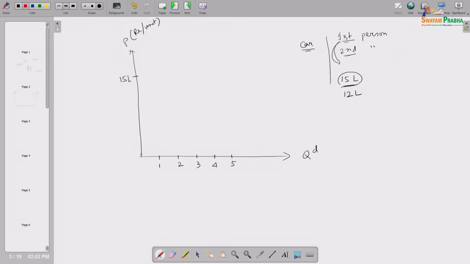So, definitely the first person's demand curve will be this red line. Look, in between here, I am showing this kind of break.